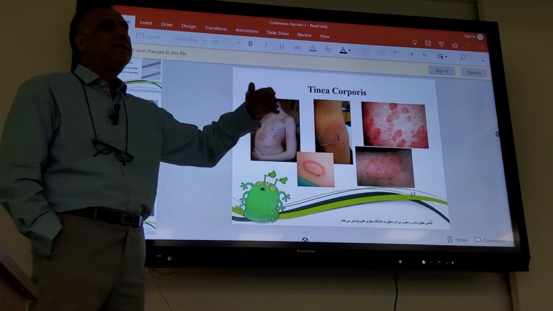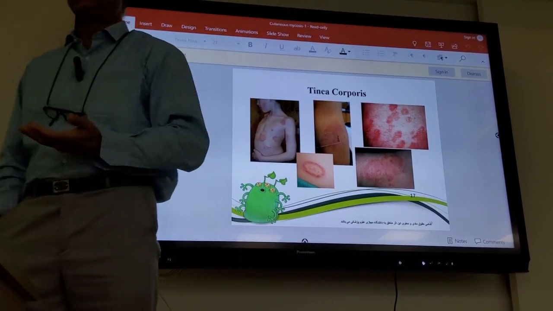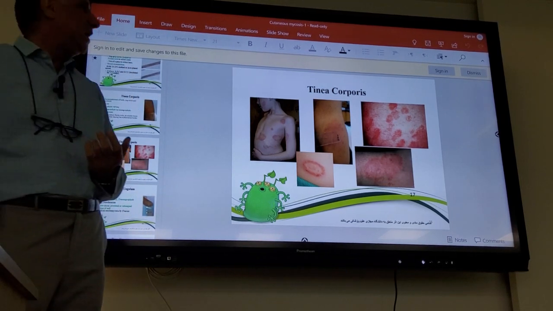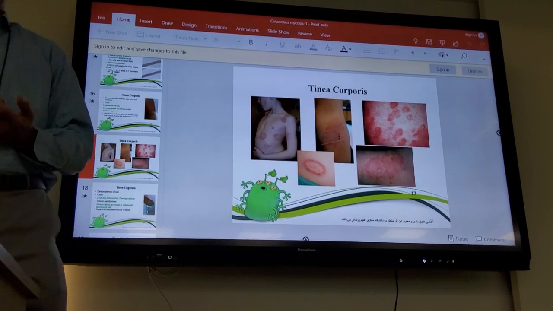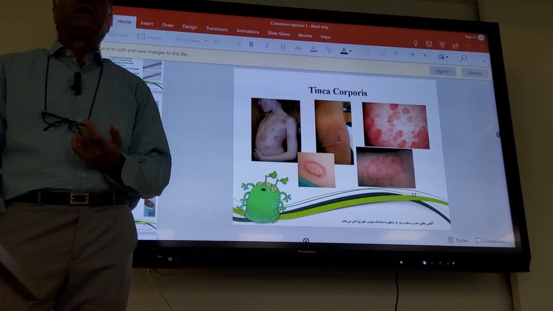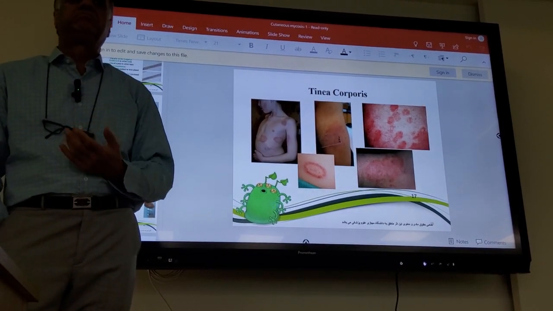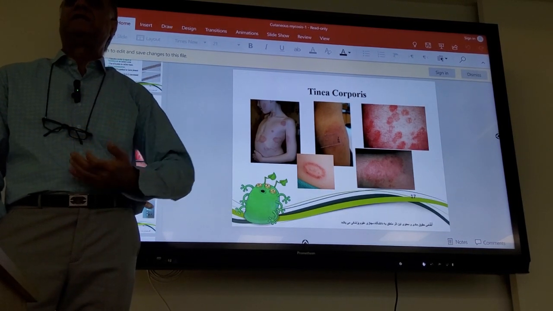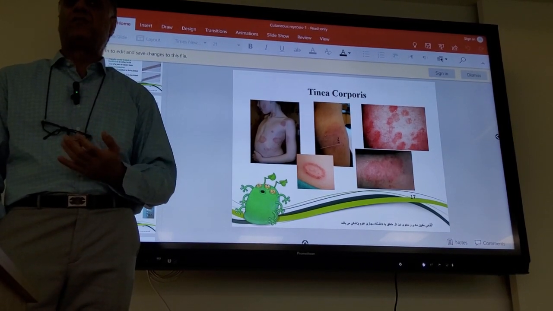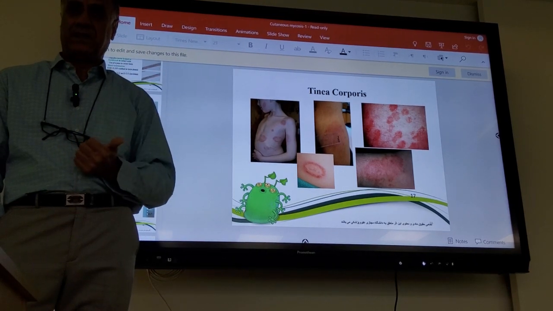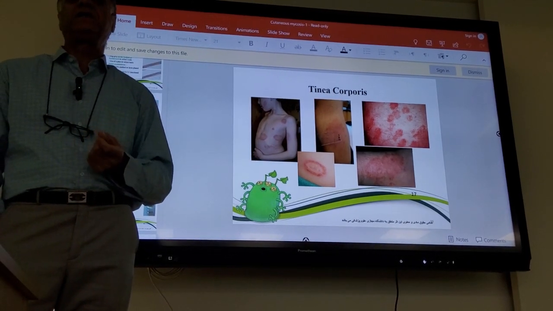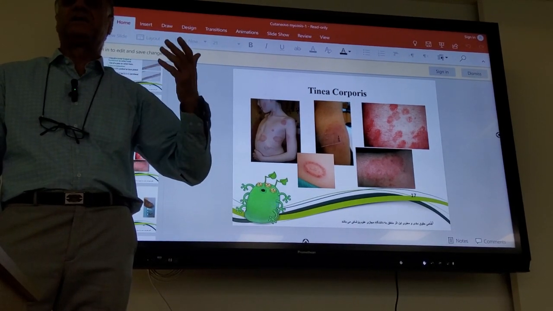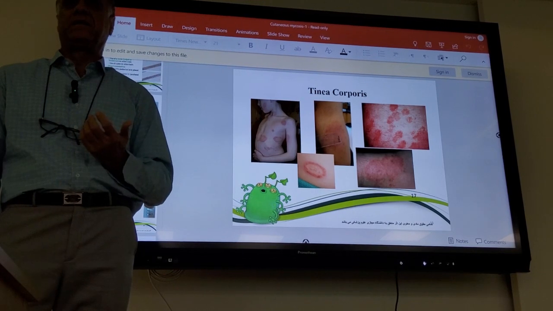For the number and rate of the infection, tinea corporis has a medium number of patients compared to tinea pedis and tinea unguium. Now, tinea pedis shows a high frequency and number of patients.